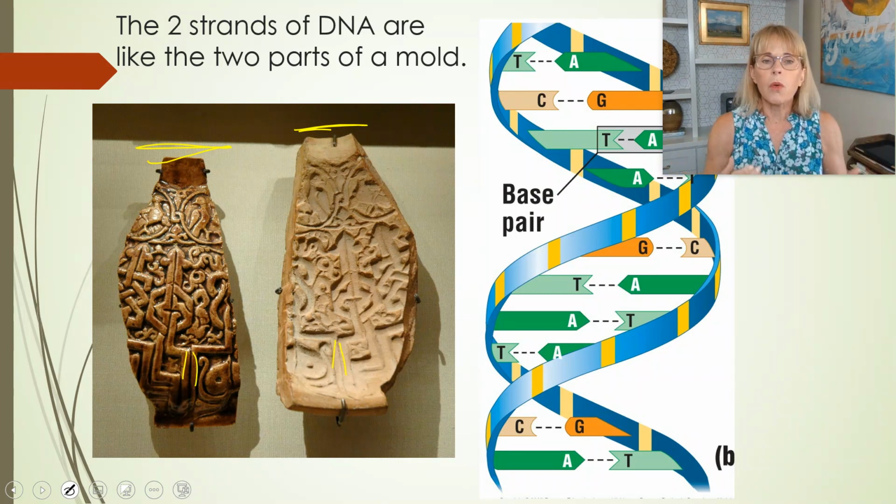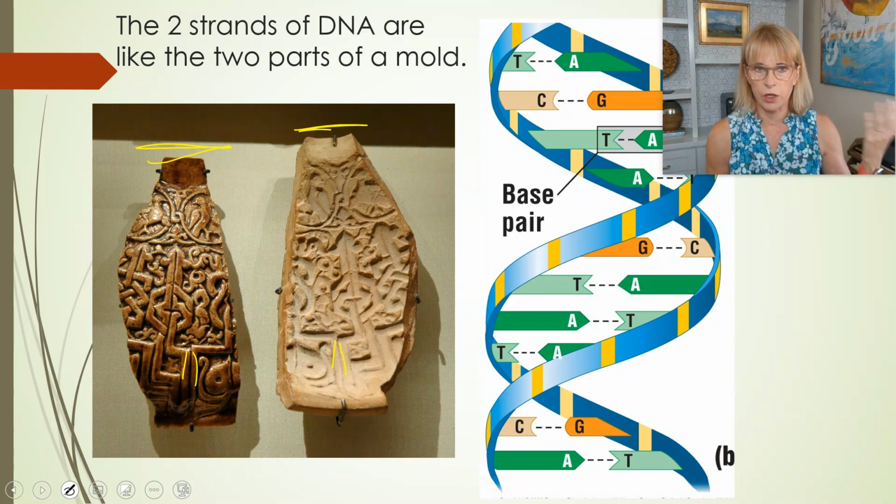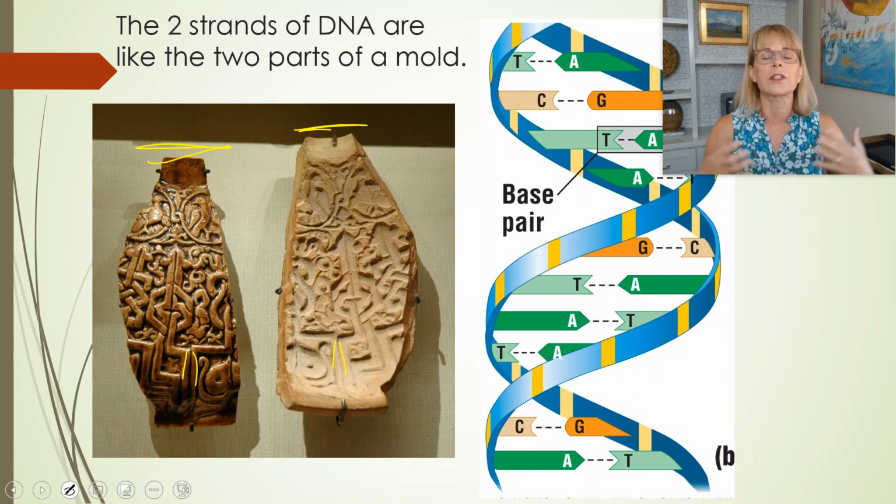So think about how complicated this entire instruction manual is. Not like an instruction manual. It's more like the Cerritos College Library, a library that's filled with lots and lots of books. And each one of those books is filled with instructions for how to make a protein, how to make a perfect Dr. Tydell, okay?